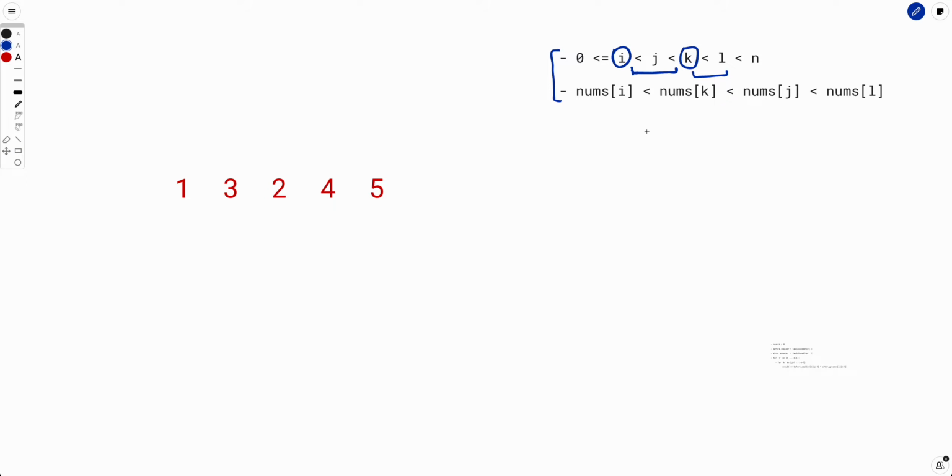Now notice that this part is exactly similar to what we have solved previously, right? So this part is something we don't need to worry about. The only thing we need to worry about is this particular piece where we have said find me all the j which lie between i and k, right?